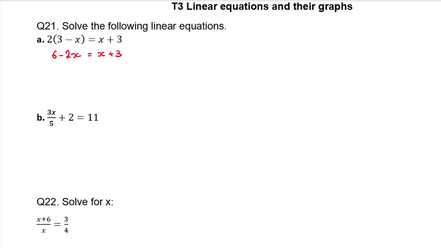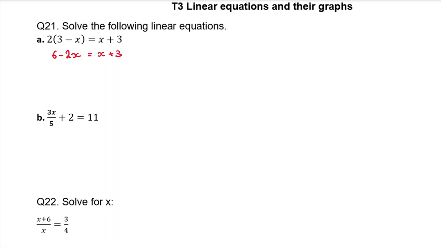Now I'm trying to solve for x, so I'm going to put all the x's on one side, so move them to the left, and I'm going to keep all the constants to the right. Now how we do that is I'm going to add 2x on both sides in this case.